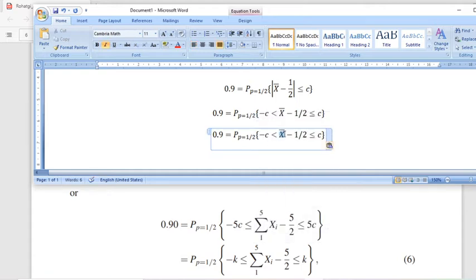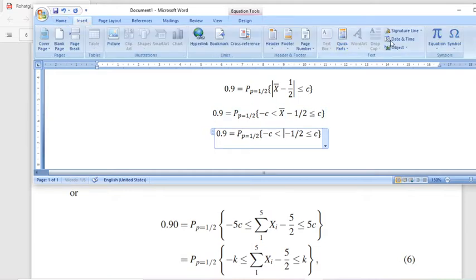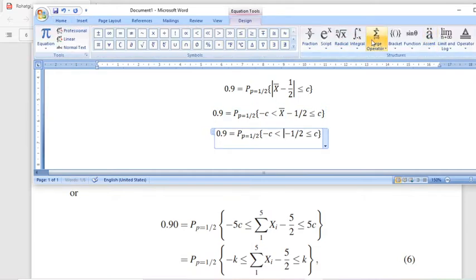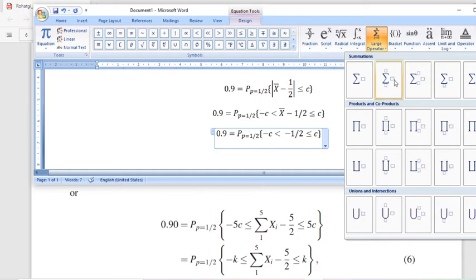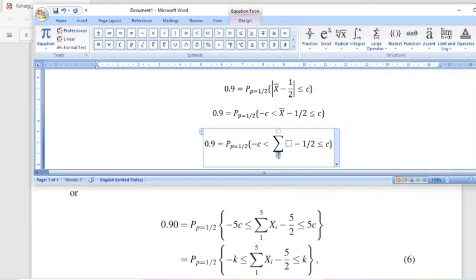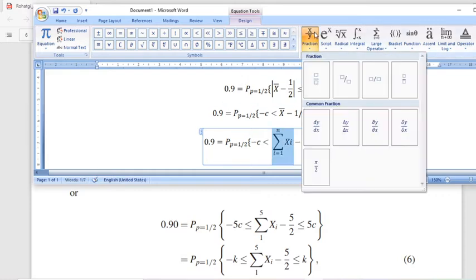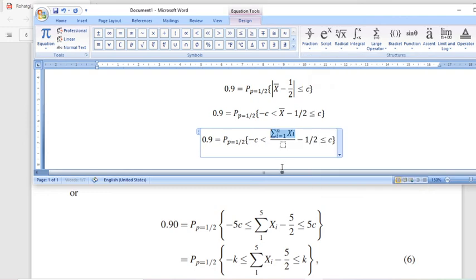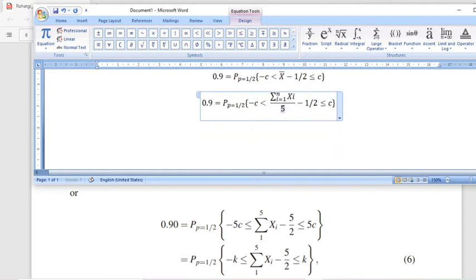What is x bar? X bar is exactly equal to the summation i equal to 1 to n of xi divided by 5, since we have only 5 random variables. What will be the next step?